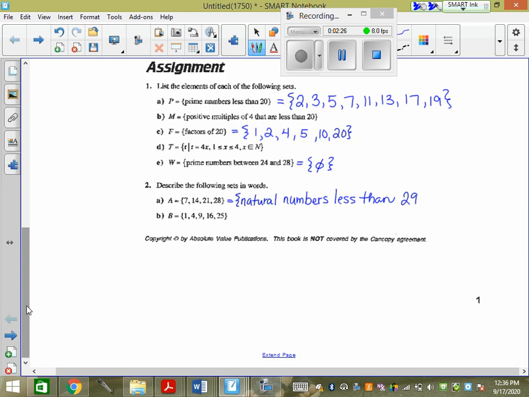So natural numbers less than 29 that are multiples of 7. Instead of saying that are multiples of 7, what else could I have said? Divisible. Yes, divisible by 7 would work too. Okay?